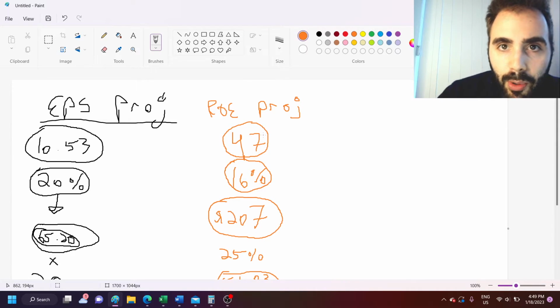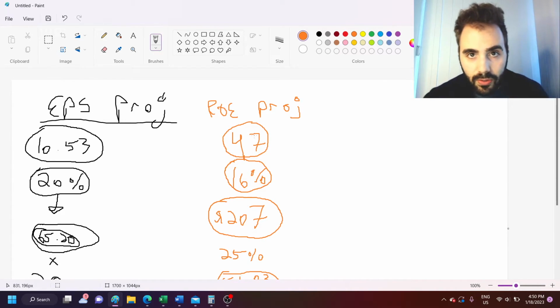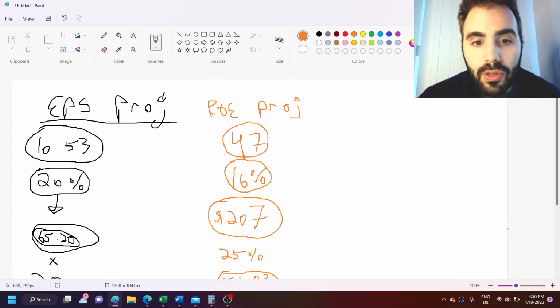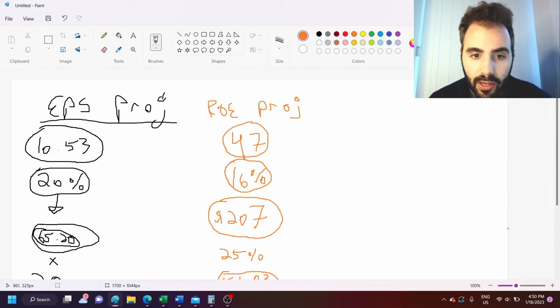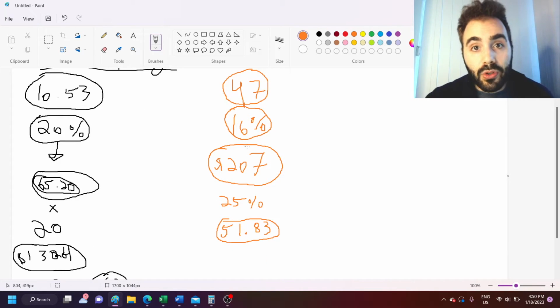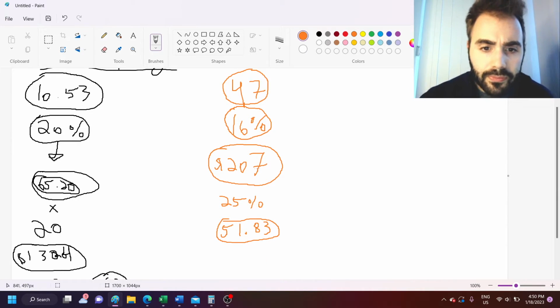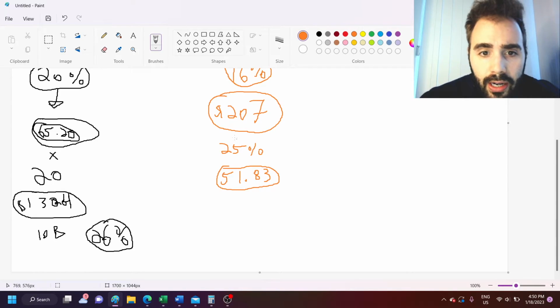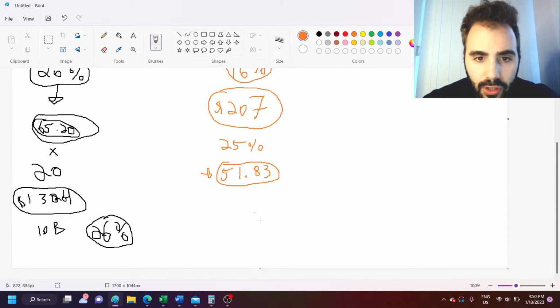Meta currently has a book value per share of $47 per share. It's been able to grow this number at about 16% per year, meaning in 10 years' time, Meta's book value per share will be about $207 per share. It returns on average 25% on this book value, meaning in 10 years' time we can assume it'll give us $51.83 in terms of its earnings per share.